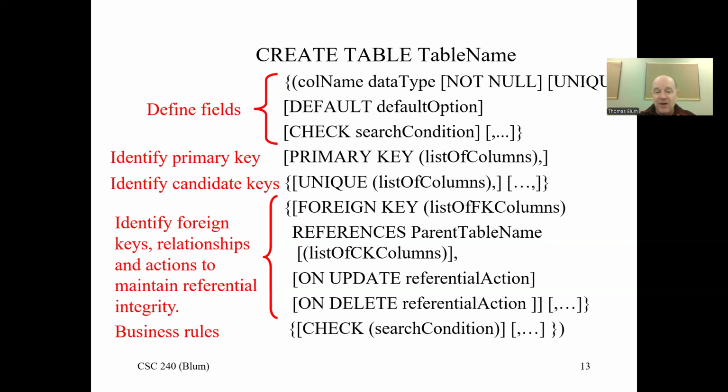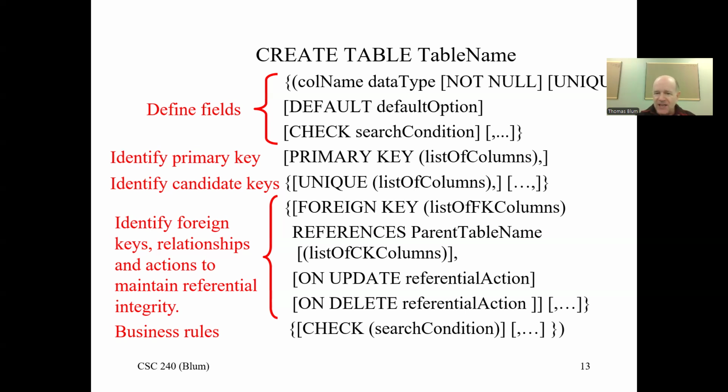And then we have our foreign keys. Again, square brackets mean it's optional. We may or may not have foreign keys. And the curly brackets mean there's possibly more than one, so we can have multiple foreign keys in a table.